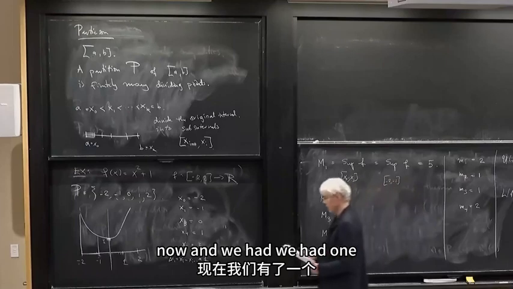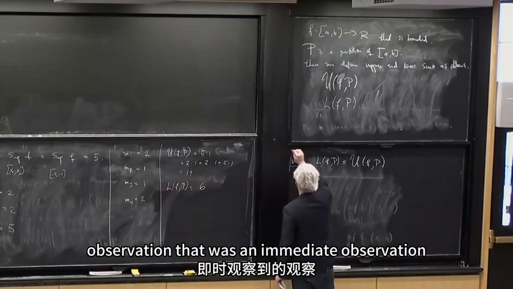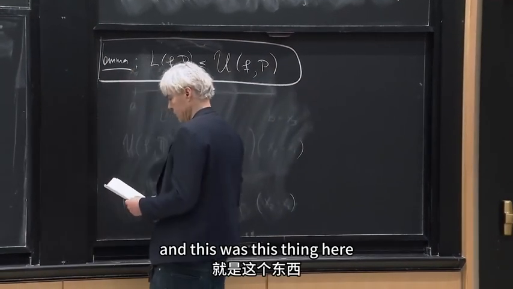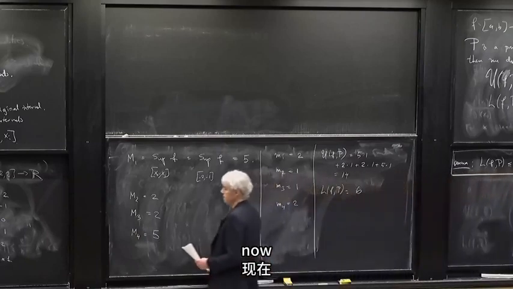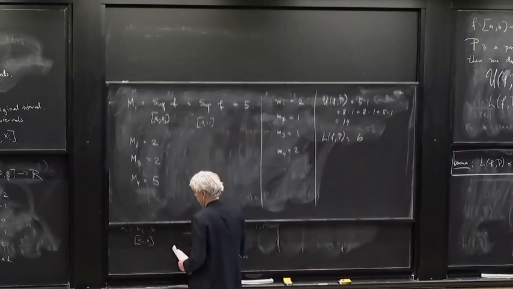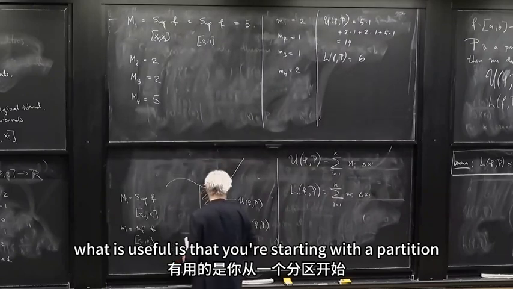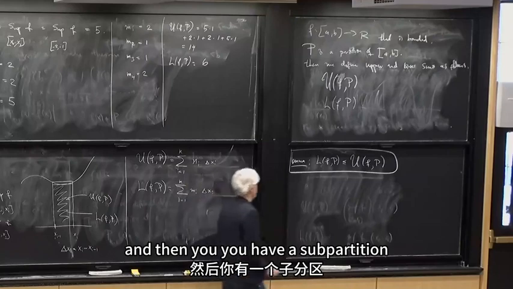Now, we had one observation that was an immediate observation, and that was this thing here. What is useful is that you start with a partition, and then you have a subpartition.